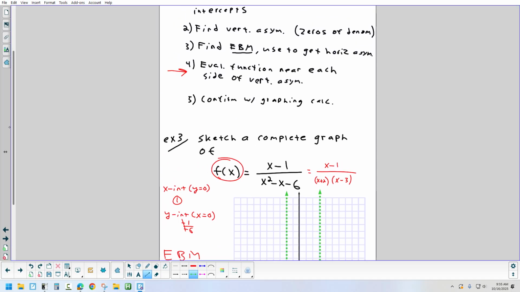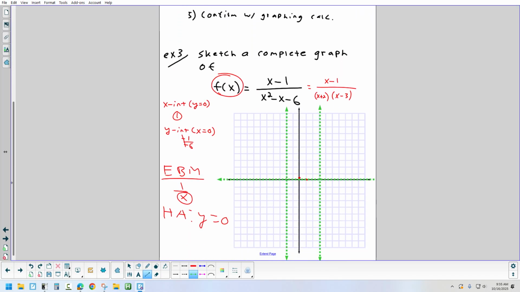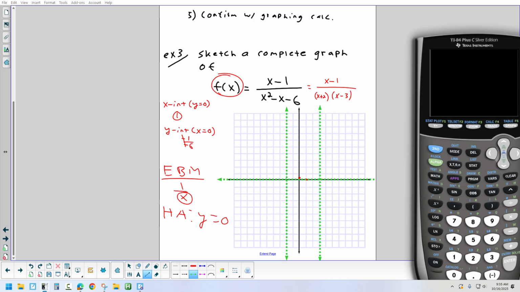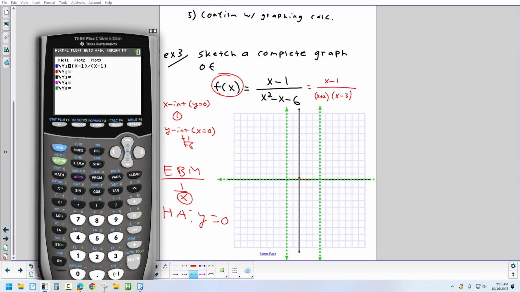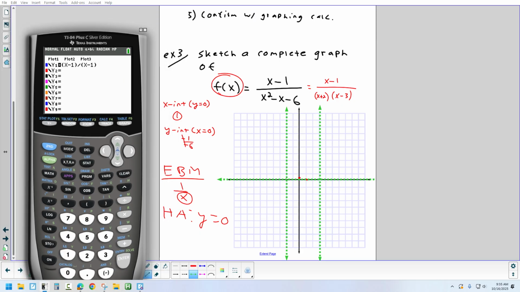Now, I need to figure out what's happening near each asymptote. To do that, rather than plugging in numbers, I'm going to use the calculator table and let that figure it out for me. So (x - 1) divided by (x squared - x - 6).